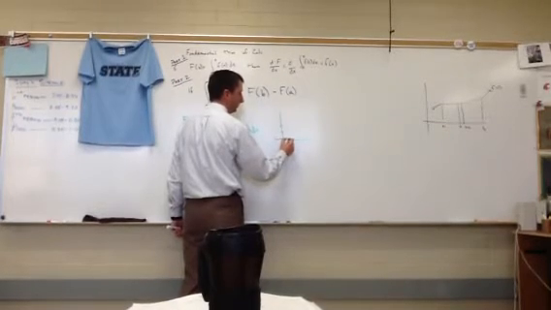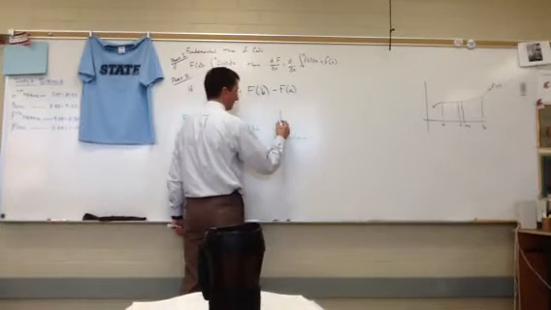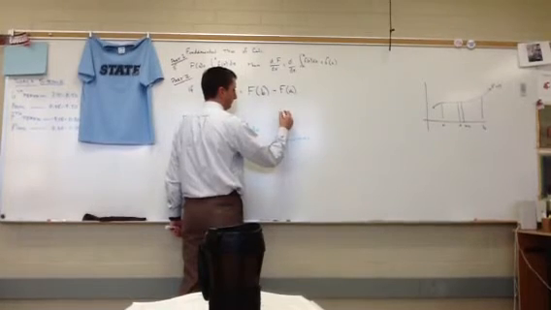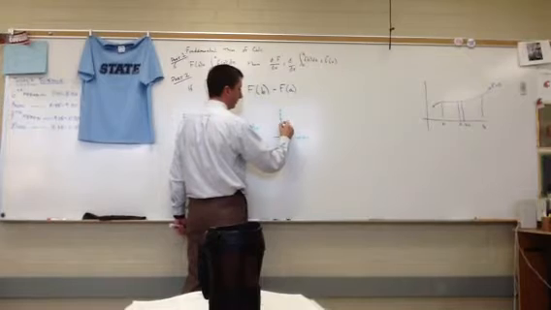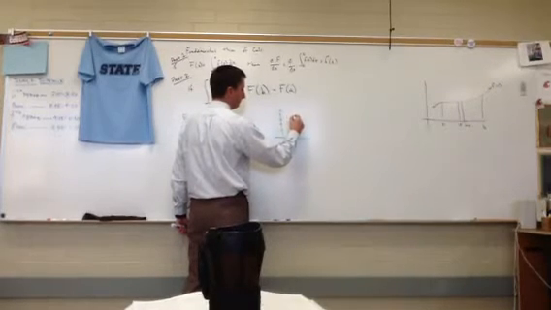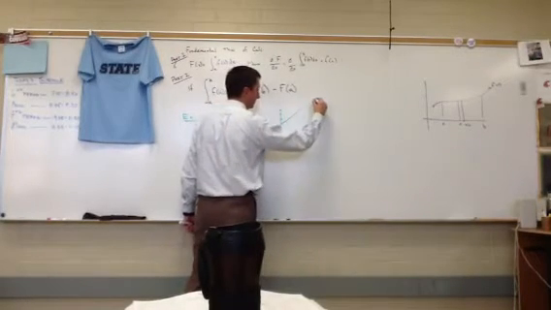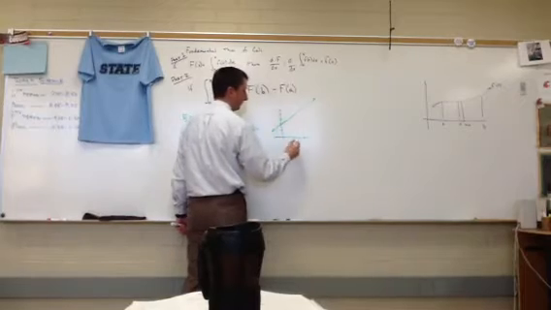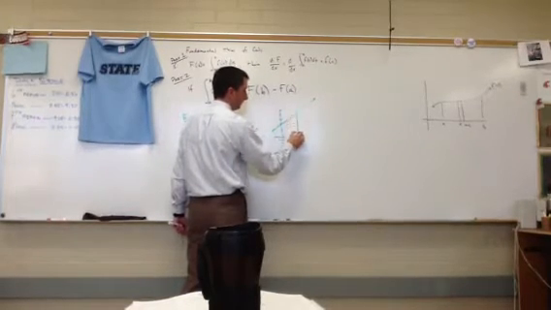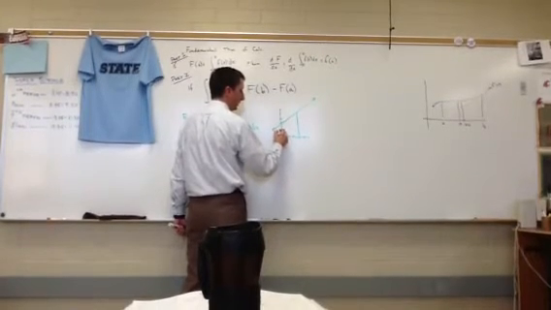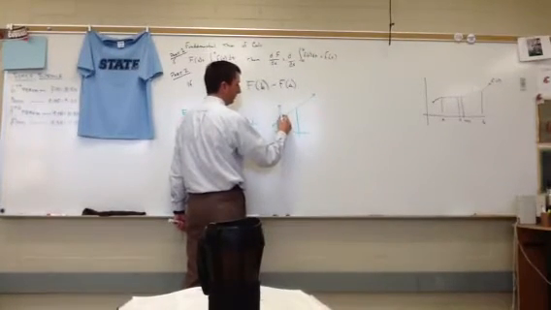1, 2. So 0 to 3. It looks like this. At 0 it's going to be up here, so that's 2. What's this going to be?